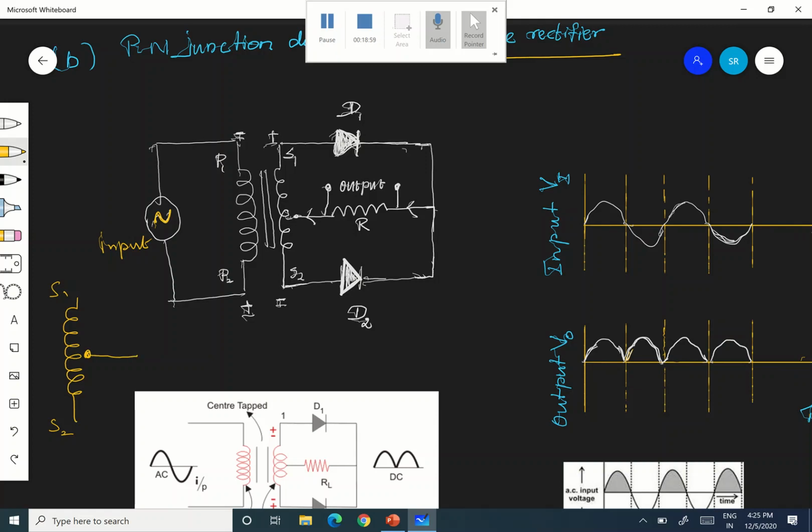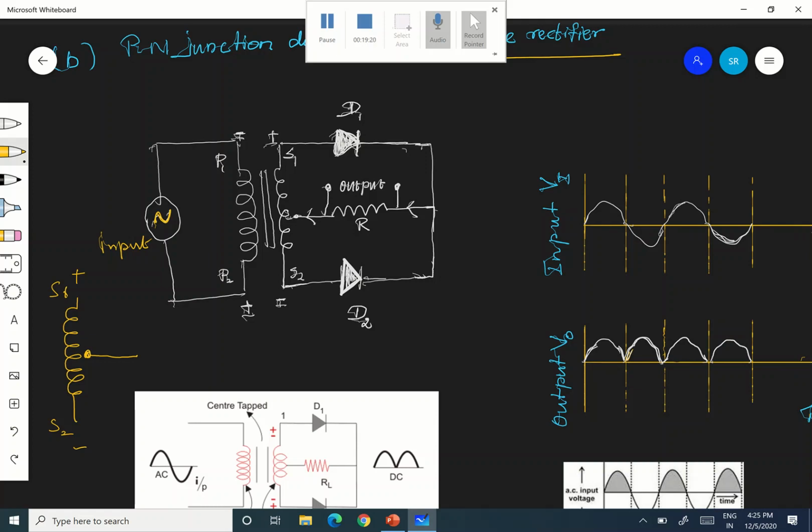Okay, therefore when S1 is positive and S2 is negative, as you go from S1 to S2, the potential decreases and S2 becomes negative.